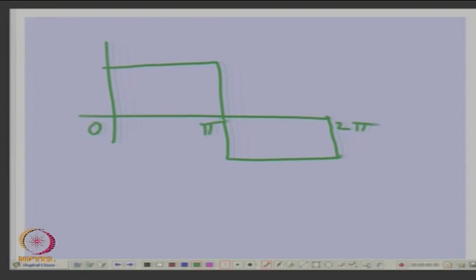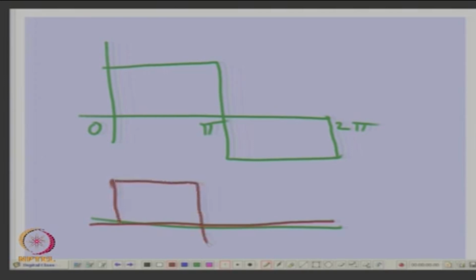But supposing you do not make it 180 degrees, you make it 160 degrees for some reason. See, if your waveform is like this, 0, it may not be pi, pi is here and this is 2 pi. Supposing I put the coil here like short chording, I am just giving you one example.